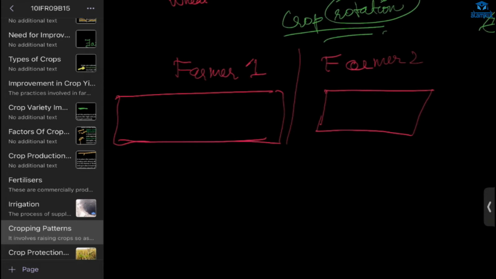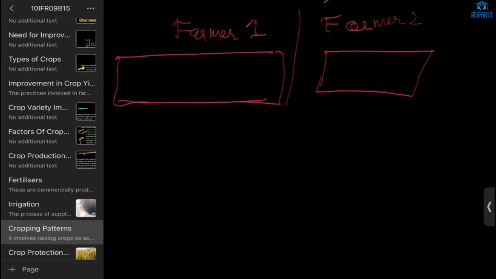Farmer two is using various manures and fertilizers, cropping methods, irrigation methods, and planting many types of crops.